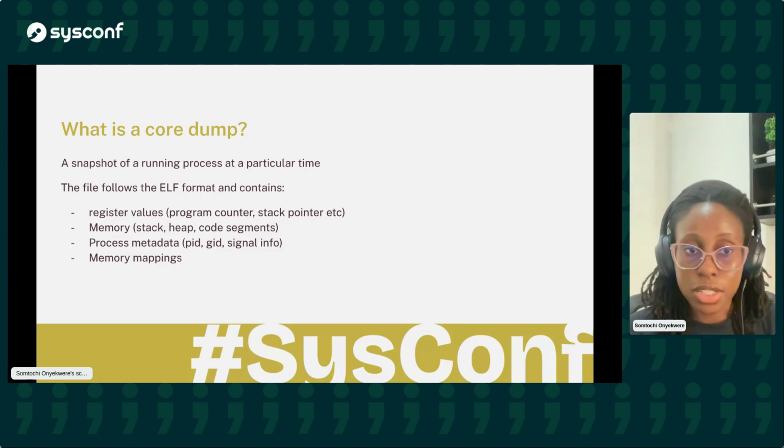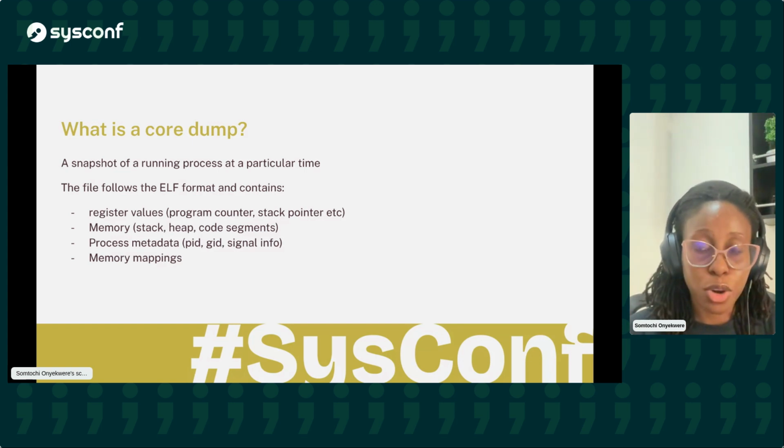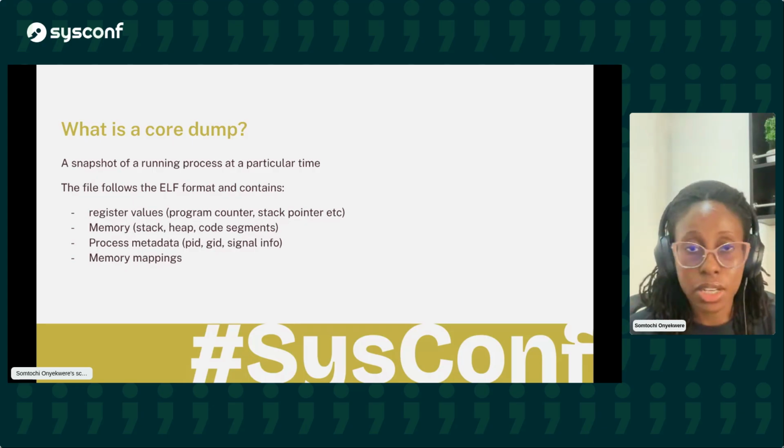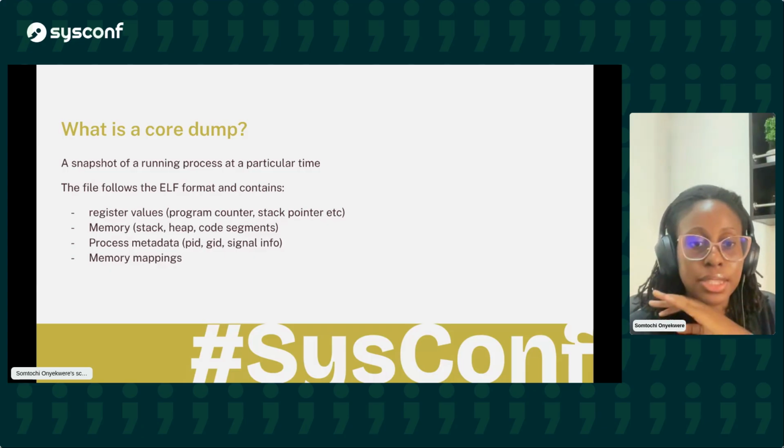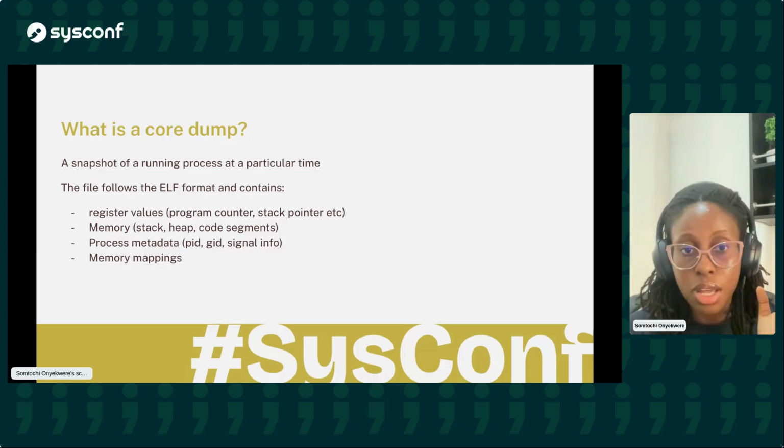It also gathers other metadata like the current process ID, the pending signals that the process had received, or the signal it received when exiting. So it gathers all the context and the memory address space that a process was using at the point that it exited.